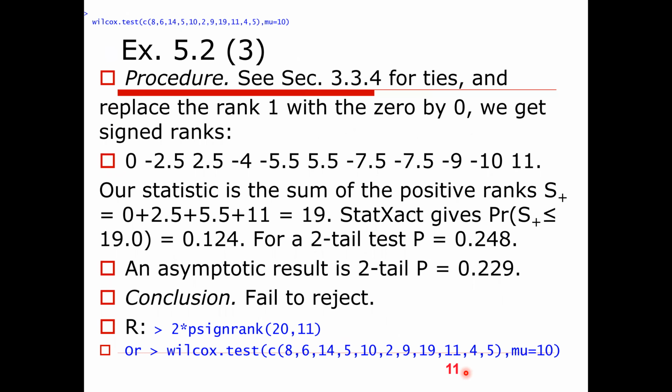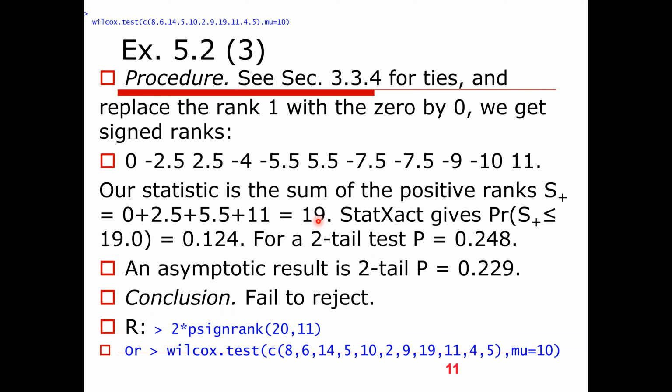Then, given that we got the signed ranks using the mid-rank rule, we can calculate S plus, which is 19.